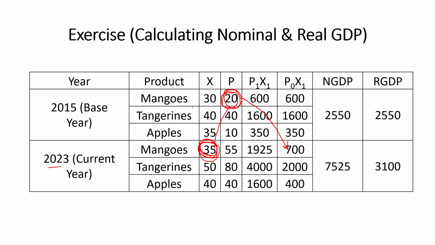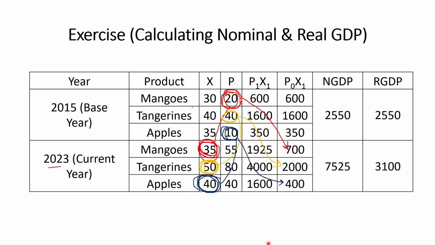Then for the tangerines, the quantity is 50. We multiply it by 40 and we get 2000. Again for the apples, the quantity is 40 and the price was 10, and multiplying these two we get 400.